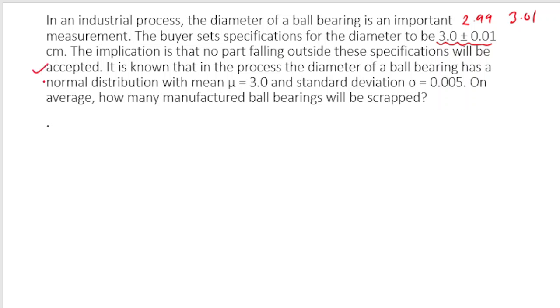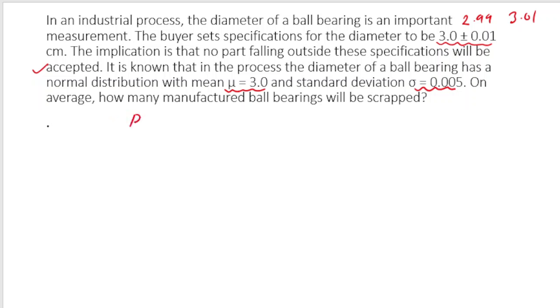So if you are manufacturing something, the buyer will not buy it if your diameter is not falling in this interval. It is known that in the process the diameter of a ball bearing has a normal distribution with a mean and a standard deviation, which are given. On average, how many manufactured ball bearings will be scrapped? I should not take much time, and you are mature enough to answer it.